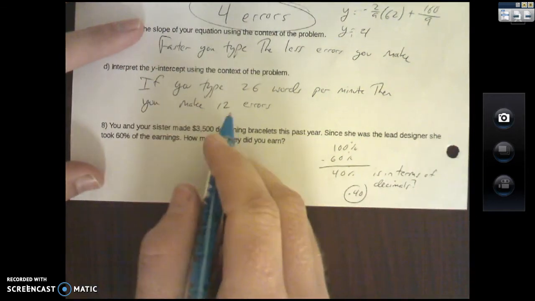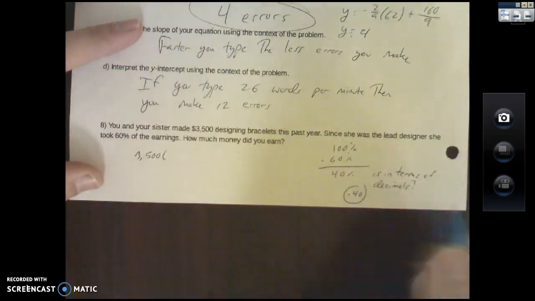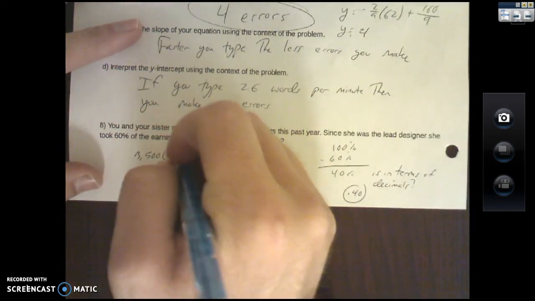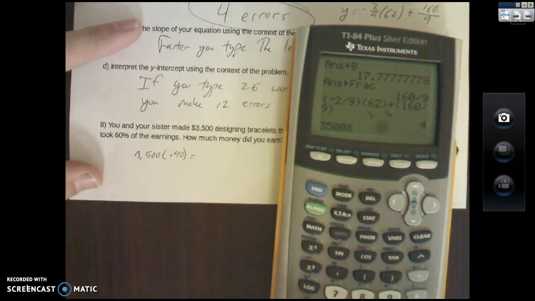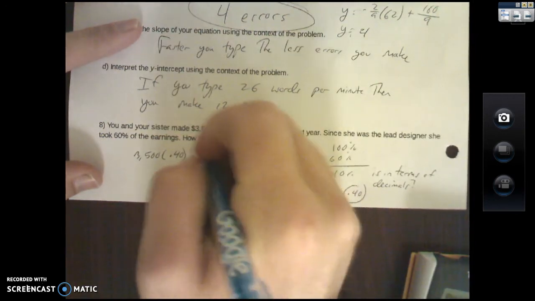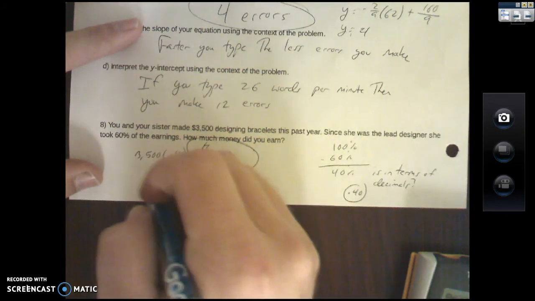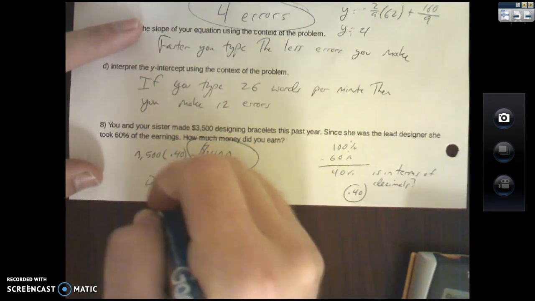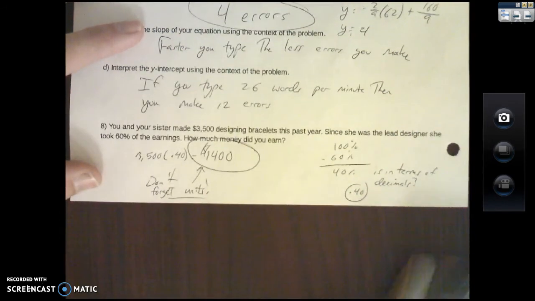So I'm going to go back to my profit, 3,500, times 0.40. And I get $1,400. That's how much I make. Don't forget units, and you'll be in good shape.